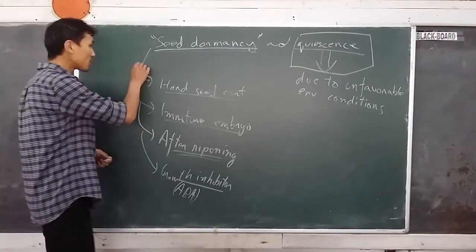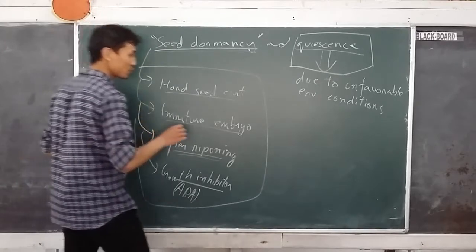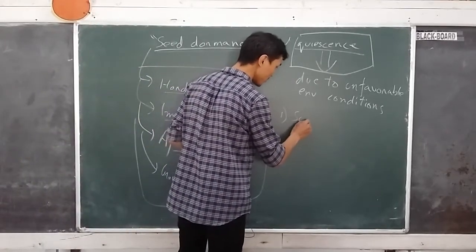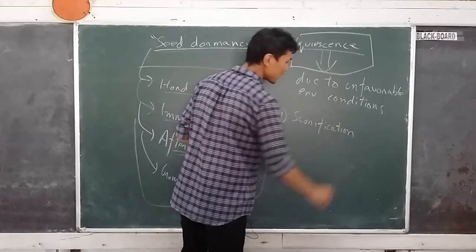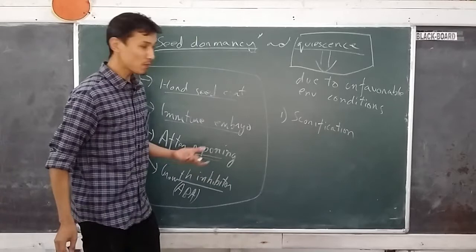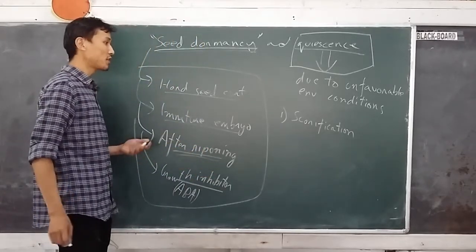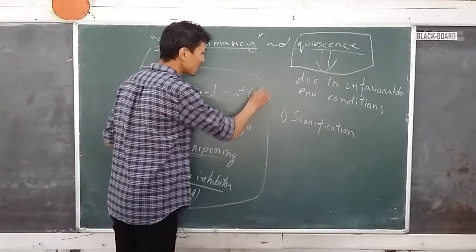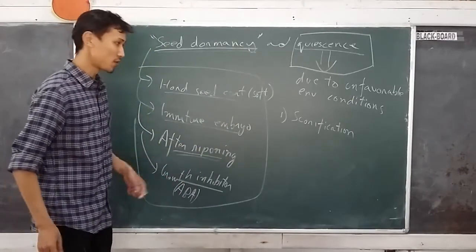These reasons for seed dormancy can be overcome by doing a few things. The first thing you can do is scarification. By scarification, you are rupturing the seed coat with either a machine or with knives. So when you do it, the seed coat becomes soft and can easily rupture by entry of water.